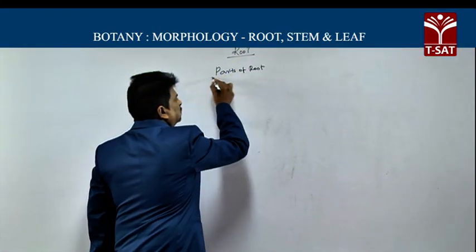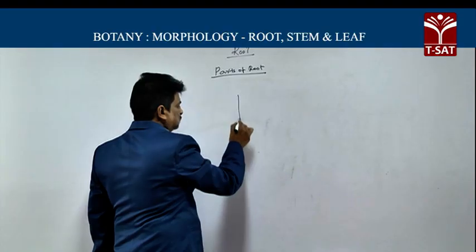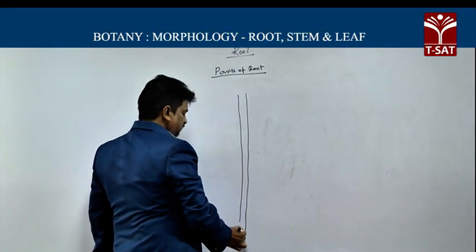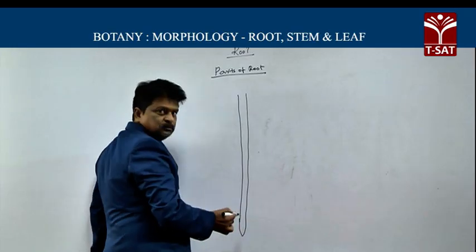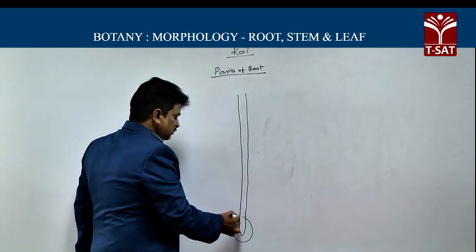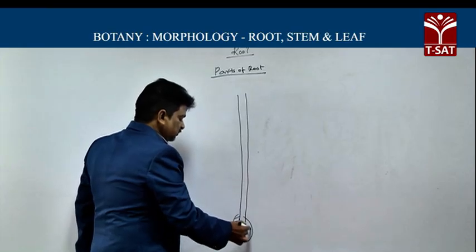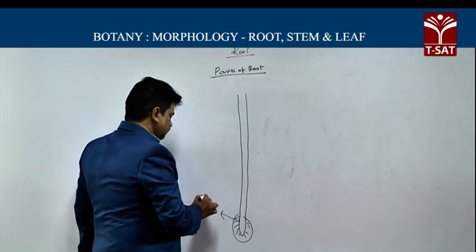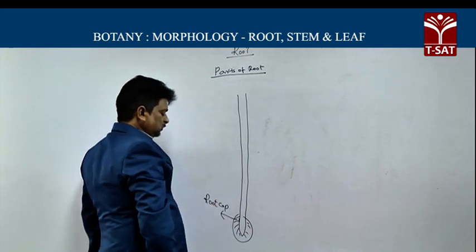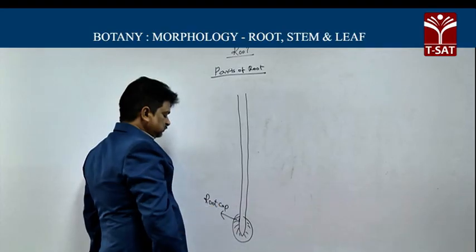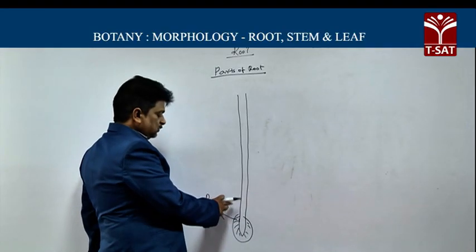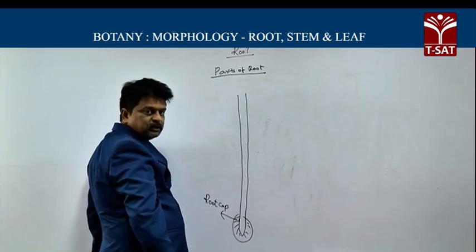Parts of root. The root tip is surrounded by a protective layer. This protective layer is called the root cap. The root cap is developed from a meristem called calyptrogen.